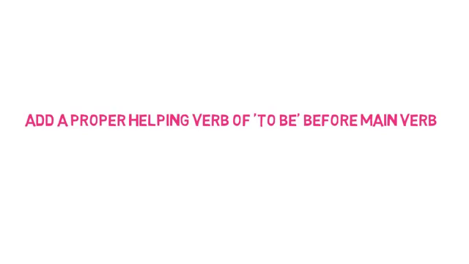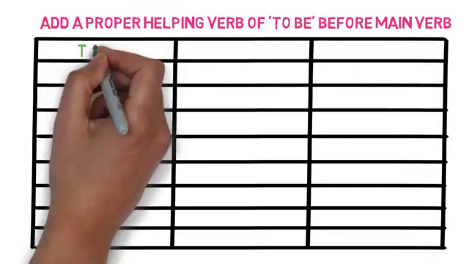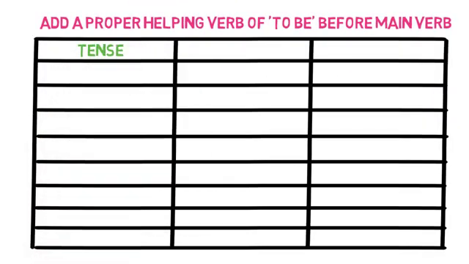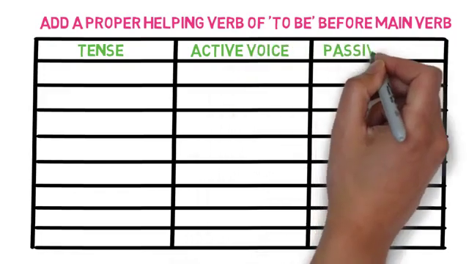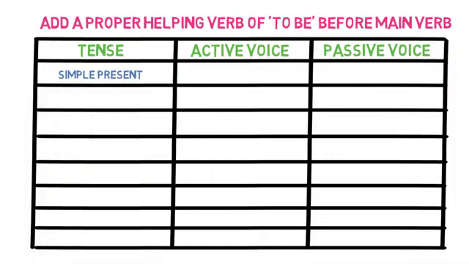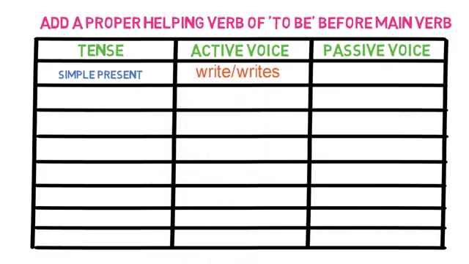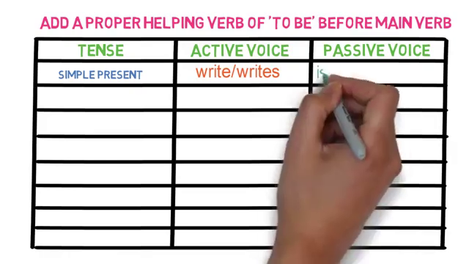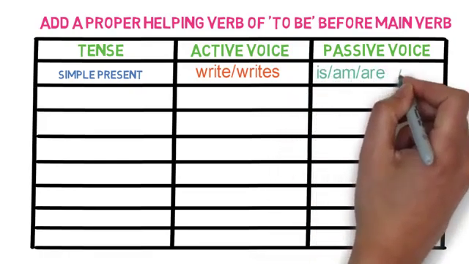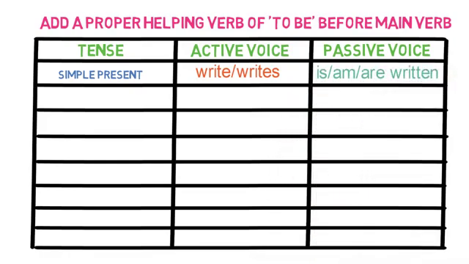With an example of main verb write, let's look into the different helping verbs as per the tenses one by one which we need to learn. Simple present. Here in active voice we have verb's first form write or writes, while in passive voice we add is or am or are depending on whether the object is singular or plural, and written.